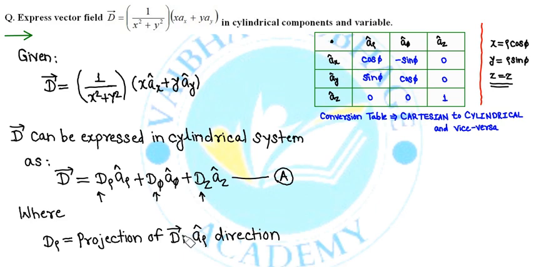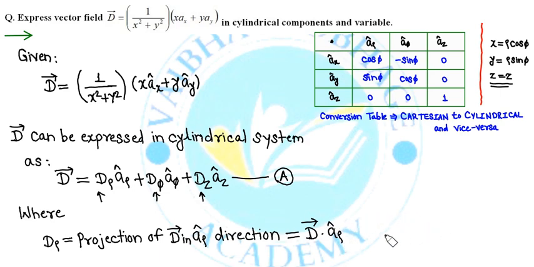So it will be your given vector D having the dot product along the a rho direction.